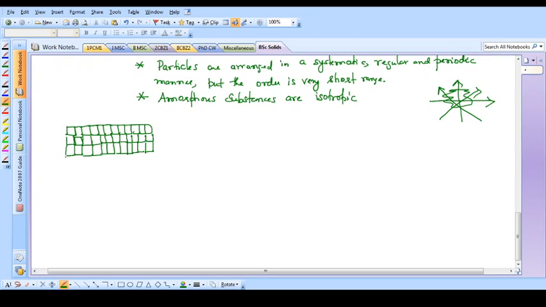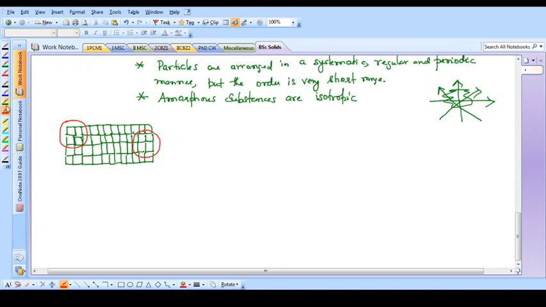The same thing repeats again and again. If you look at one point and see how the blocks are arranged in one particular region, that arrangement is the same as in another region. For example, if I concentrate on this particular region, the arrangement looks the same as the arrangement here. Why? Because the same thing is repeating again and again after a fixed distance. So that is called periodic nature. This is the example of long range order. Such type of arrangement exists in crystalline solids.